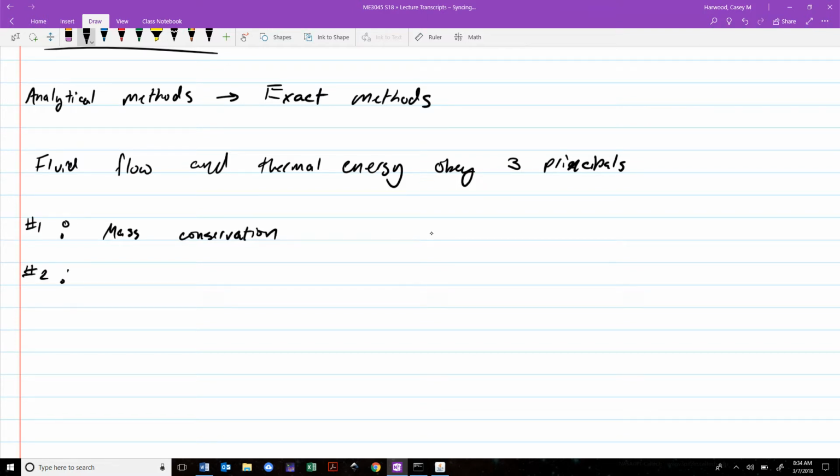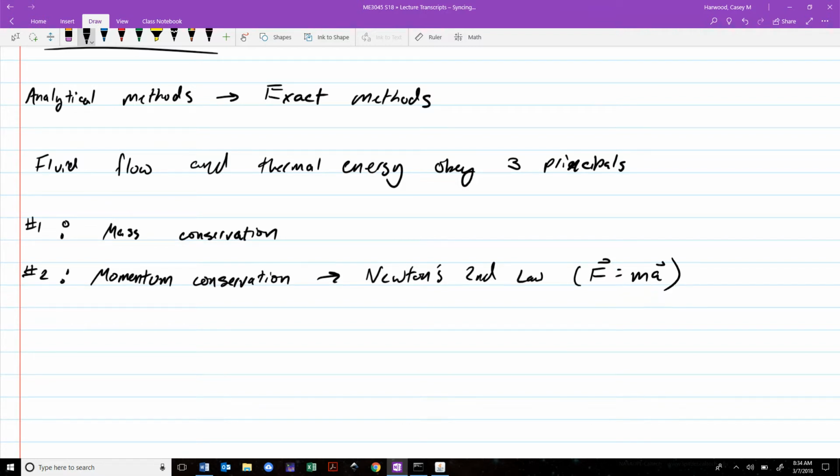Number two was momentum conservation, which is more familiar to us as Newton's second law, F equals ma.